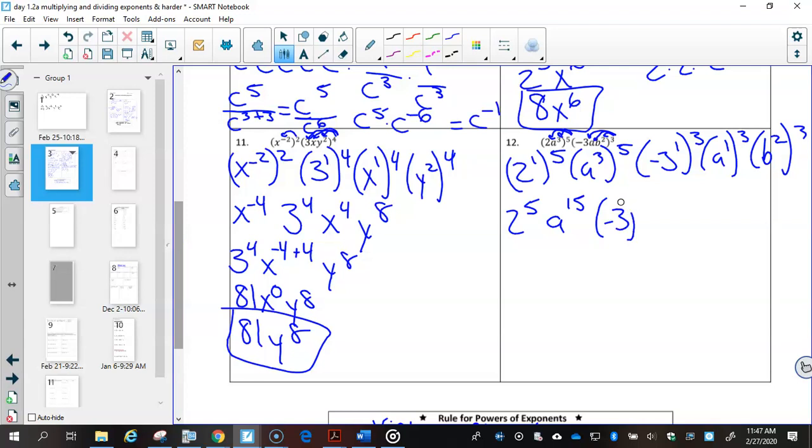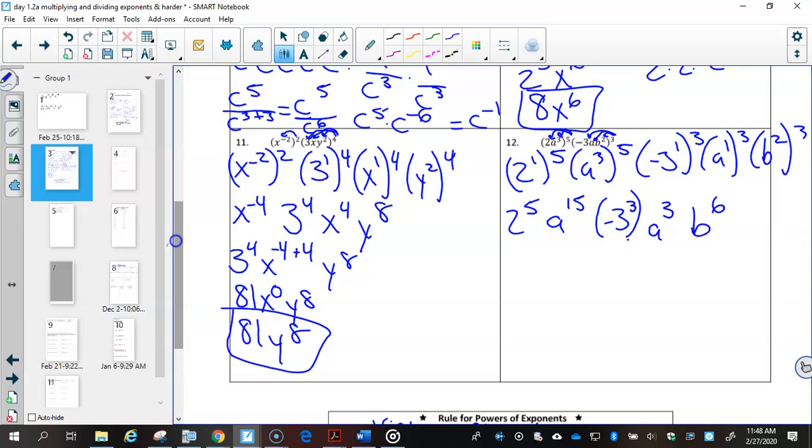I'm going to put that on the inside. 1 times 3 is 3 again. B squared to the third power would be what? If you're multiplying your exponents, b to the 6.